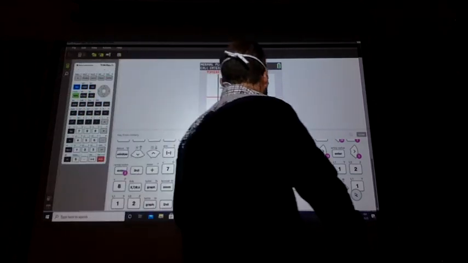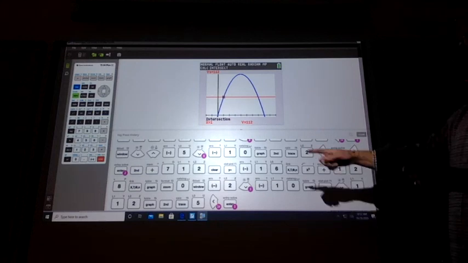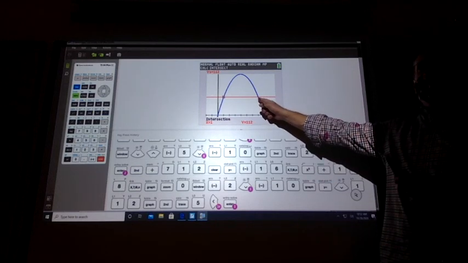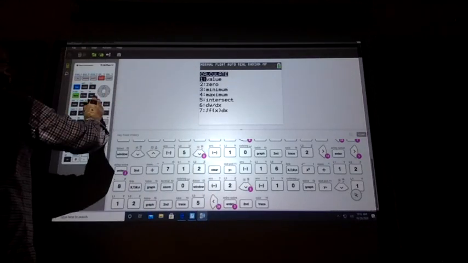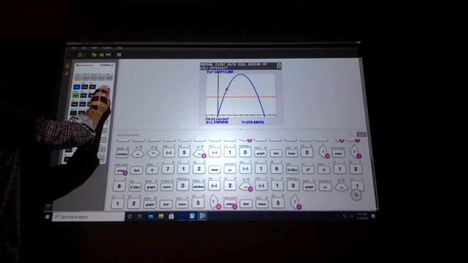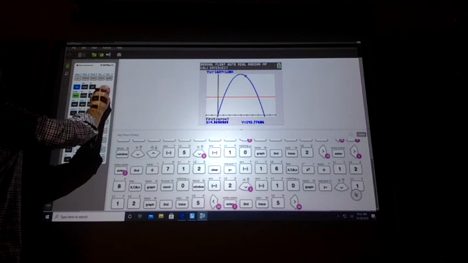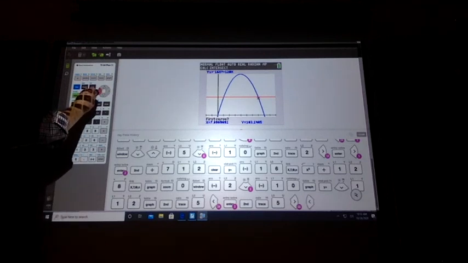So 1 second after launch, it was 112. Now I want to find the other intersect because it came back down through 112 feet. So I'm going to go back in. I'm going to go second, calculate. I'm going to find another intersection. I'm going to move my cursor really close to that intersection on the other side. Oops, let's get closer to it.